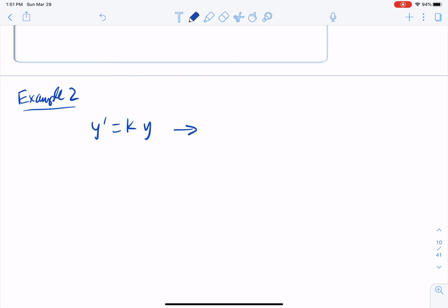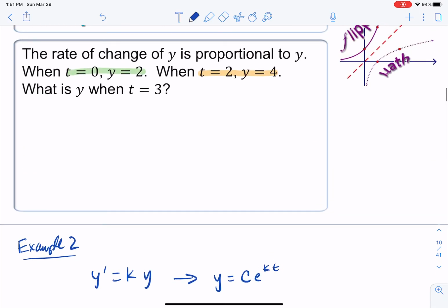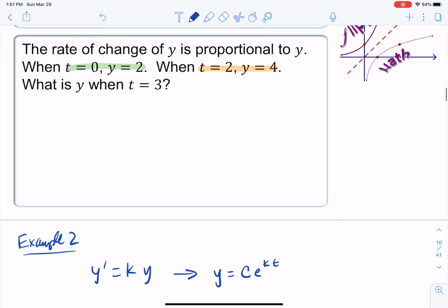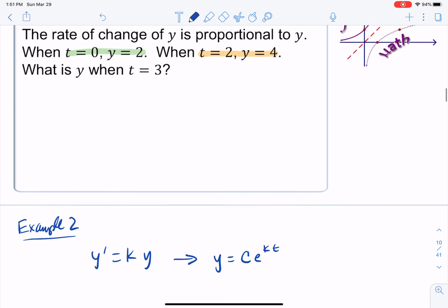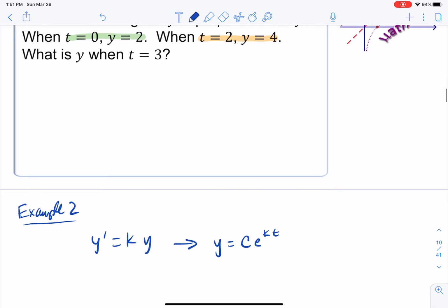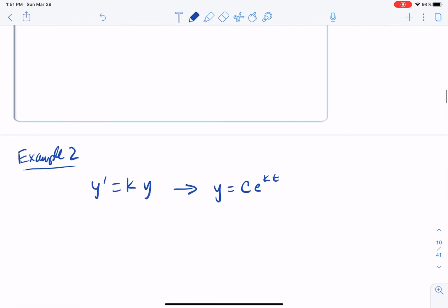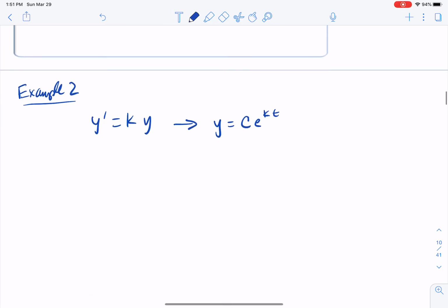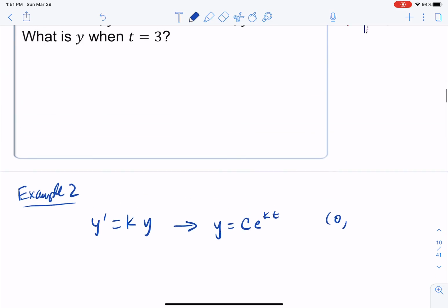All of that means I want to instinctively just know that that solves as y is equal to c e to the kt, assuming that t is our independent variable, which it is. And now I have some conditions here. I've got an initial condition, I've got another condition, in order for us to be able to solve this problem. So we've got the points 0, 2.